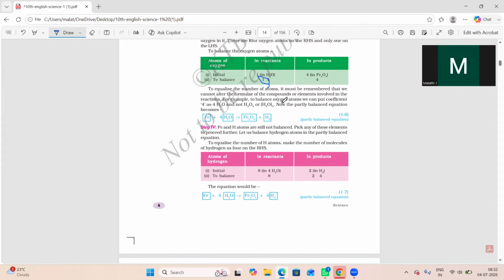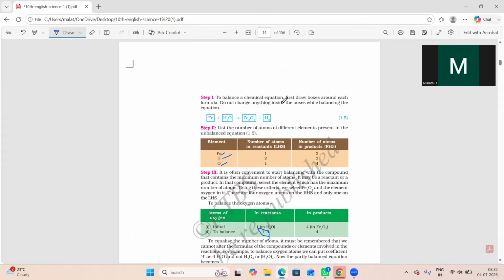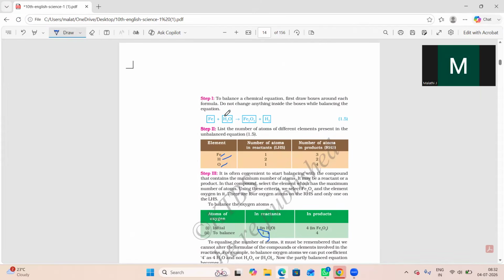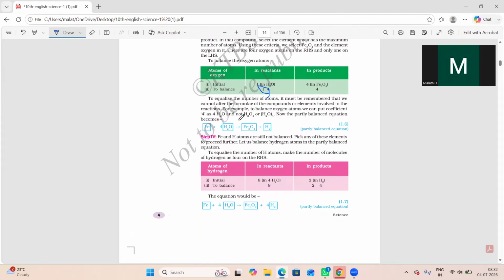So you take the equation you first drew with boxes for each formula, and write the balanced 4 multiplied to the atom, that is H2O at the reactant side.